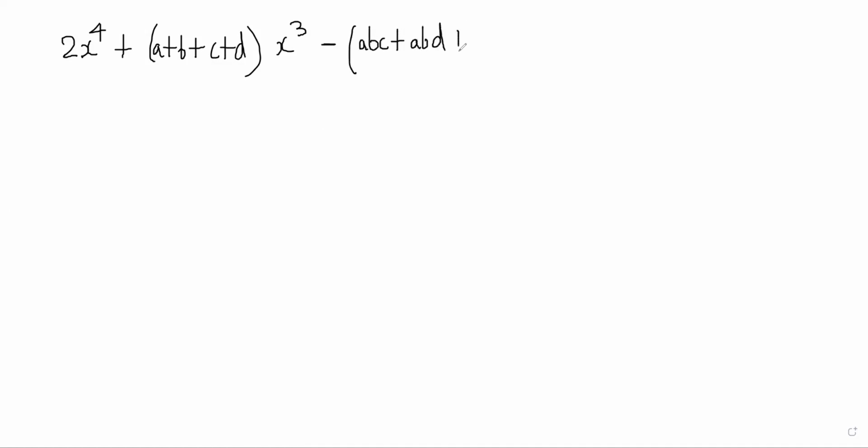The equation will come out like this: 2x to the power 4 plus (a plus b plus c plus d) x cube minus (abc plus abd plus acd plus bcd) x minus 2abcd equal to 0.